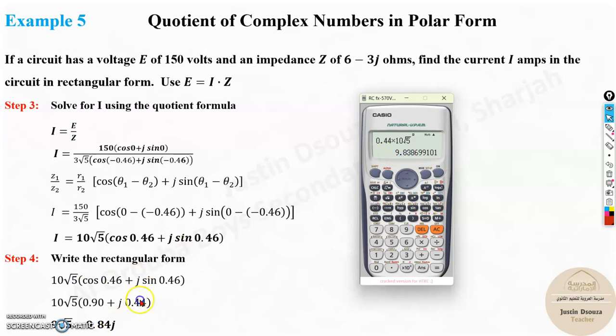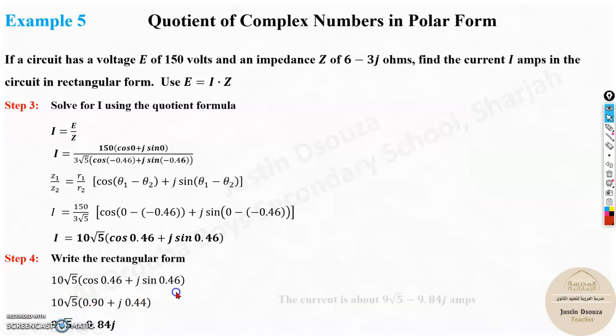Why? Because only 0.44 is taken to multiply with 10 root 5. Same thing, multiply over here. 0.9 times 10 will be 9 root 5. This is the rectangular form. So the current is about 9 root 5 minus 9.84j amps. So this is the answer.